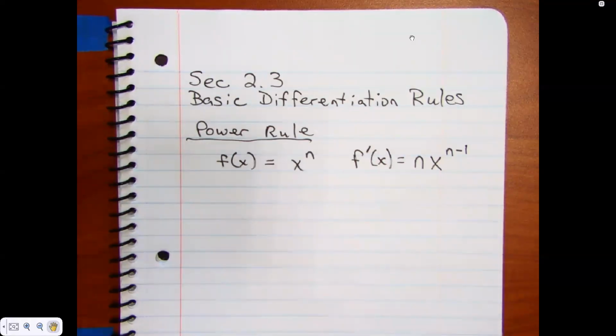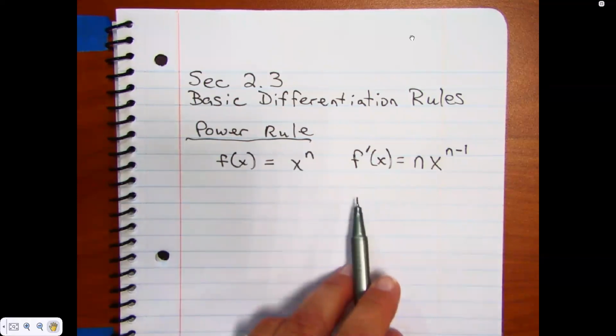So you will hear me say the rest of the semester, roll it down, subtract 1. When I say roll it down, subtract 1, we are doing the power rule.